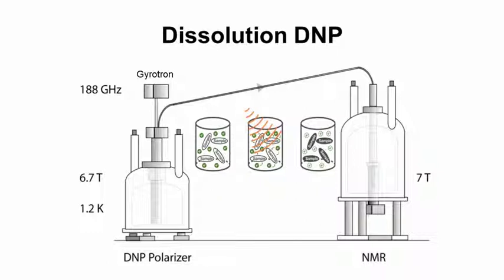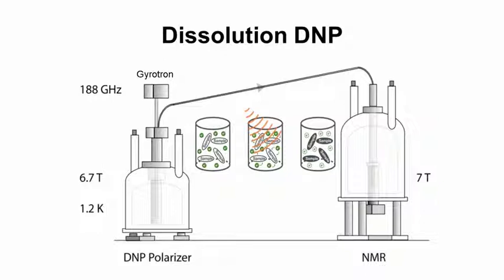What you then do is very quickly thaw the sample, turn it into a liquid. And that arrow essentially shows what happens. You take the liquid and you inject it straight into your regular NMR instrument, in this case 300 megahertz NMR.